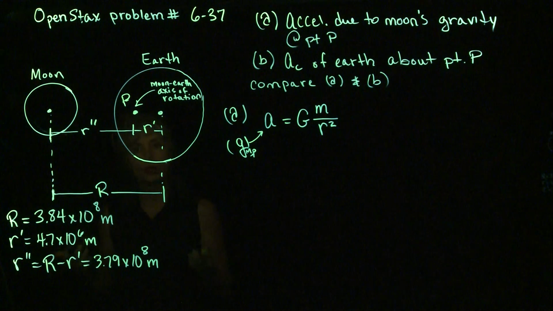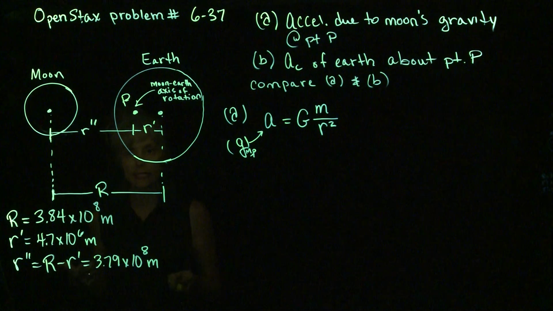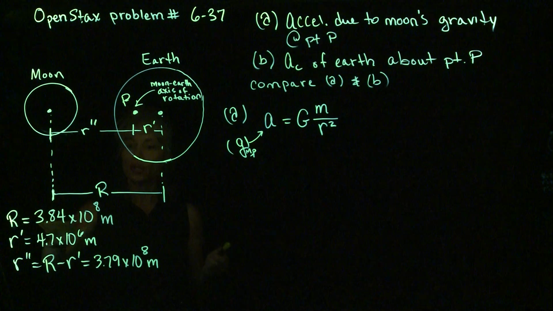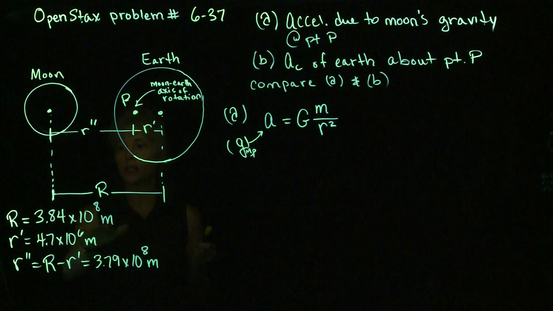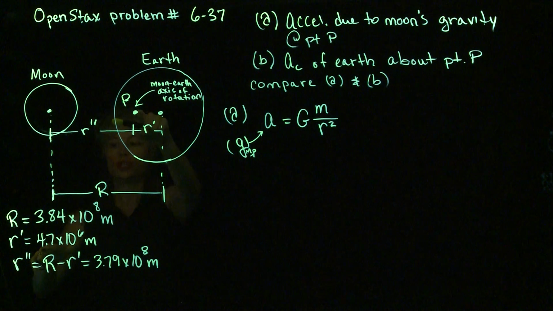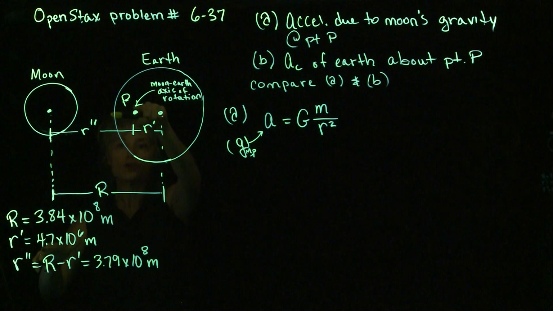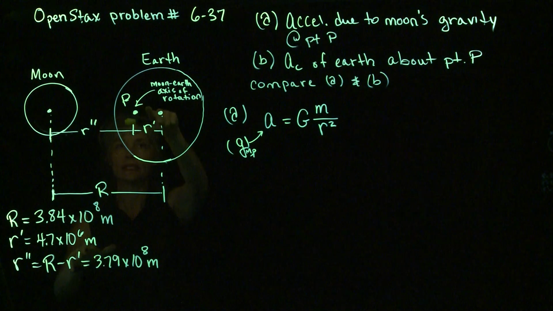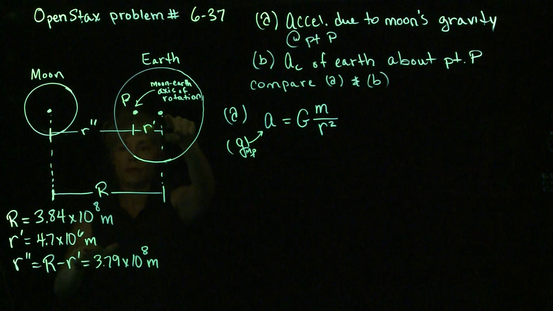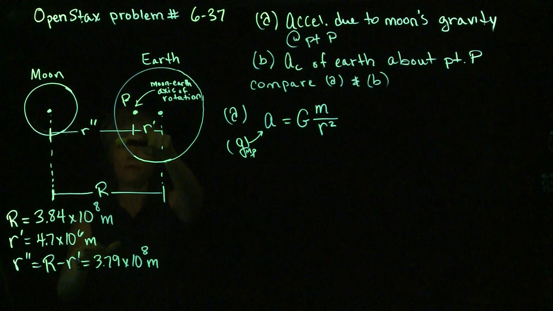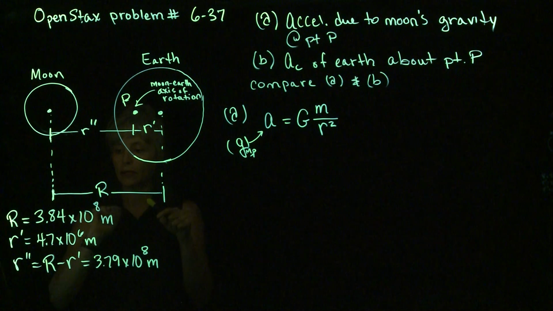If you do a quick Google search and find the distance between the moon's center and the earth's center in units of meters, you'll find that that is 3.84 times 10 to the 8th meters. We are told that the axis of rotation is 4,700 kilometers. When I convert that to meters, that's 4.7 times 10 to the 6 meters from the center of the earth. So I've now defined r prime numerically as well.